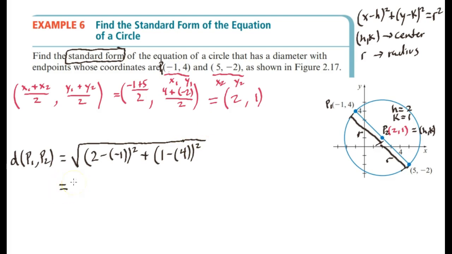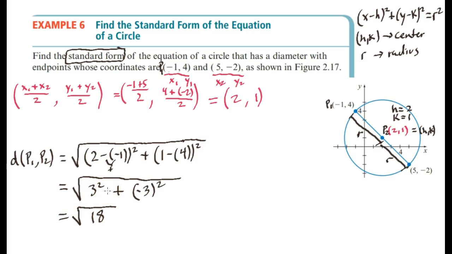That would give us the square root of 2 plus 1, so 3 squared, plus 1 minus 4 is negative 3, so negative 3 squared. And that's equal to 9 plus 9 is 18.